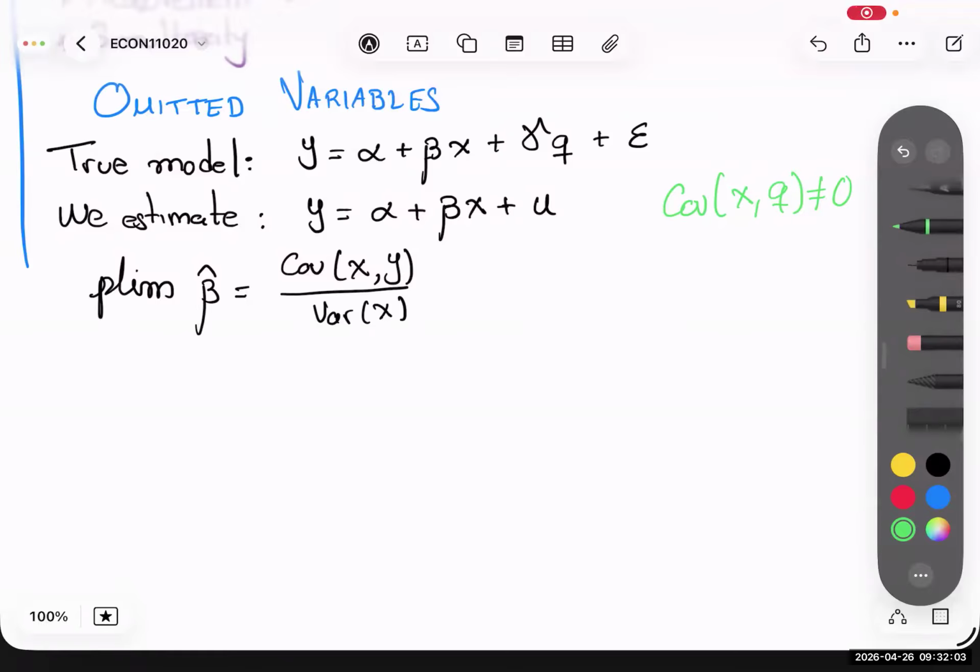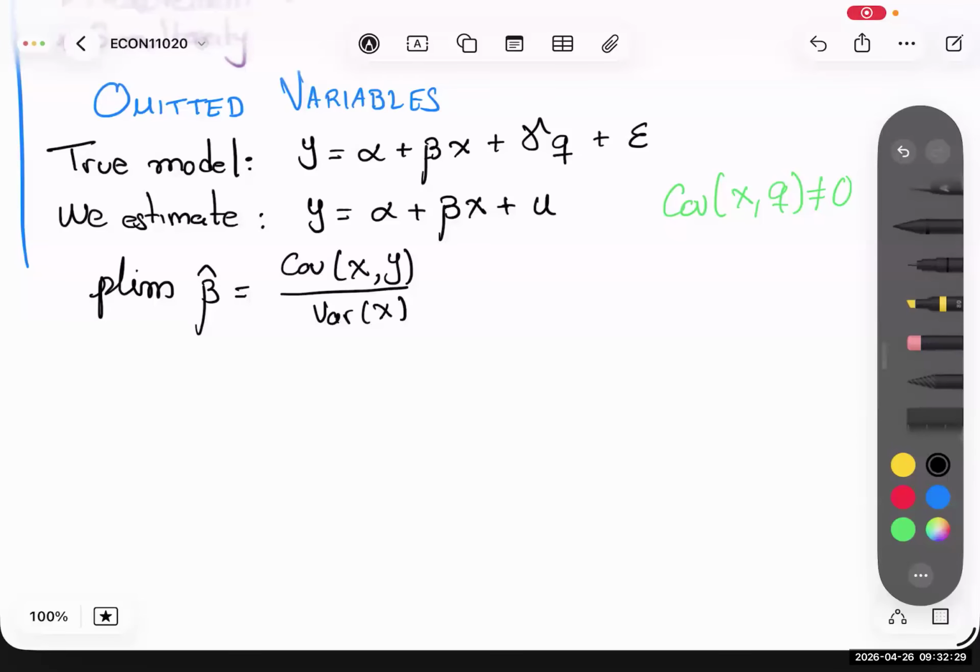And at this point, we are wondering if we estimate the second specification in which we omit cognitive abilities, this important regressor q, whether the estimate of beta is consistent or not.